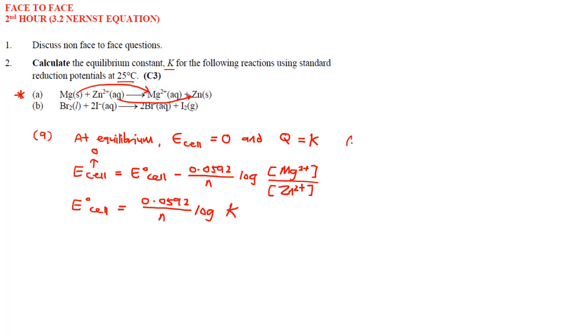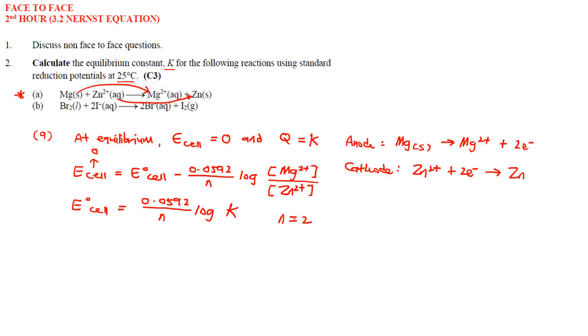So like it or not, we need to write the half and overall equations to make sure our number of electrons is all correct. Magnesium undergoes oxidation at the anode, releasing 2 electrons, and at the cathode zinc ion receives electrons to form zinc metal. Now the number of electrons is balanced, which is 2. So our value of n is equal to 2.